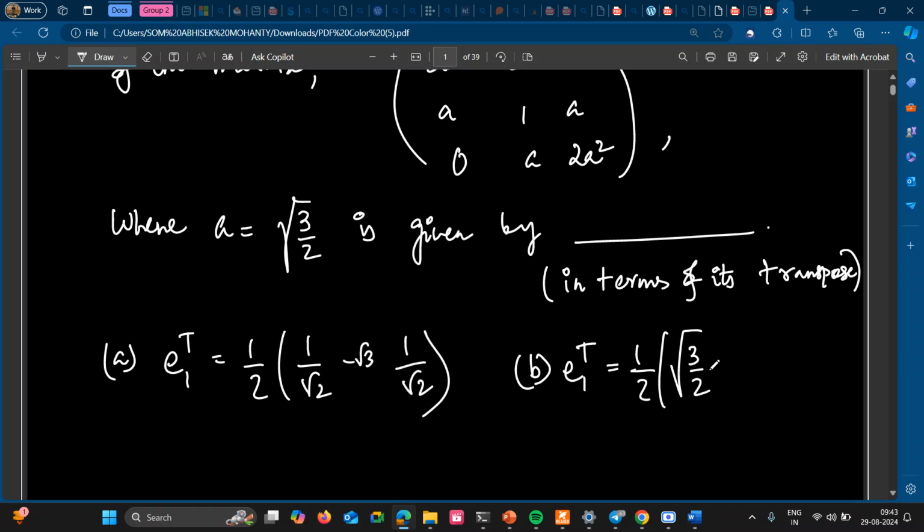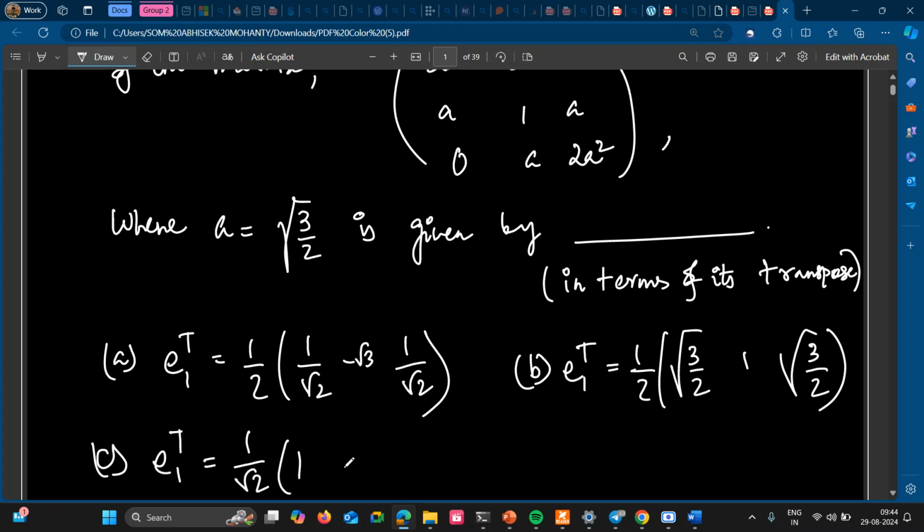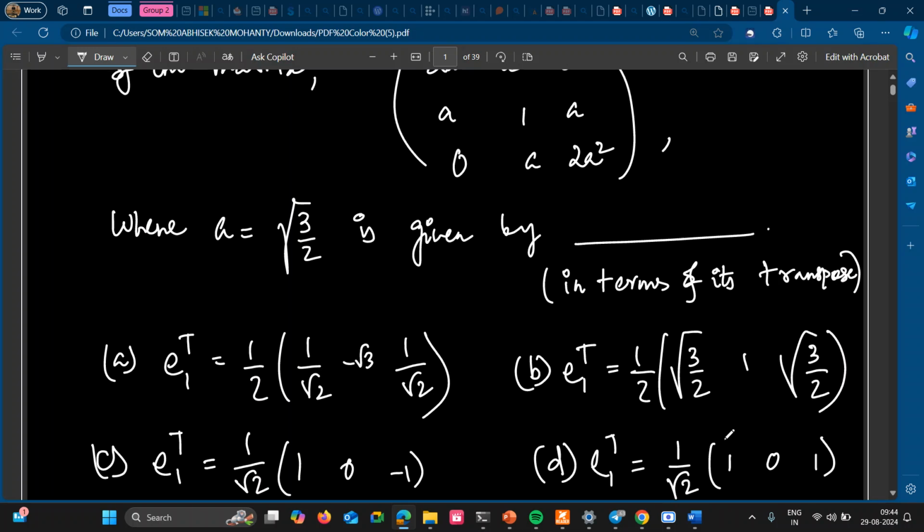This is a row matrix because we are writing the transpose. Option C: E1 transpose is equal to 1 by root 2 of (1, 0, minus 1). Option B: E1 transpose is equal to 1 by root 2 of (1, 0, 1). So these are the options.